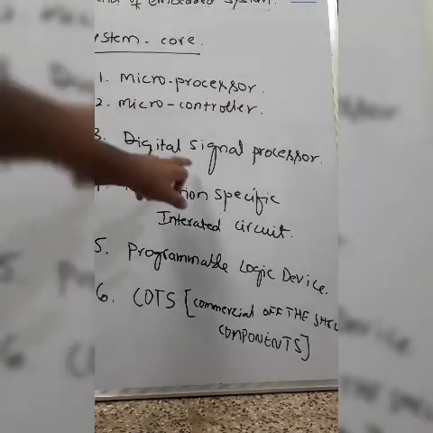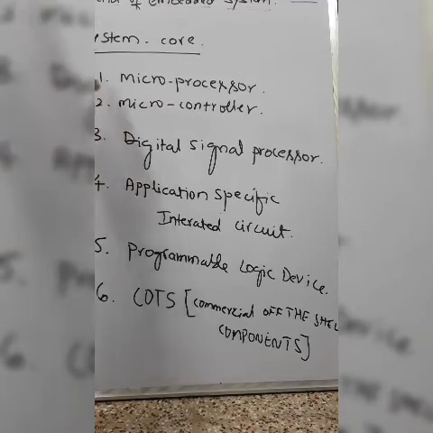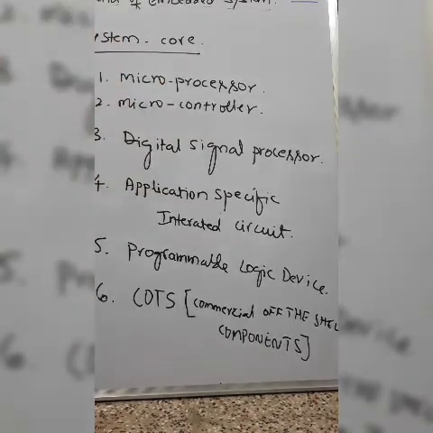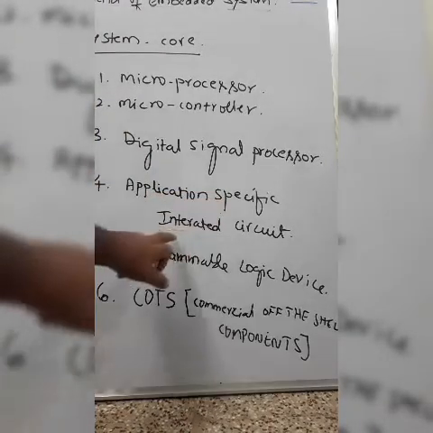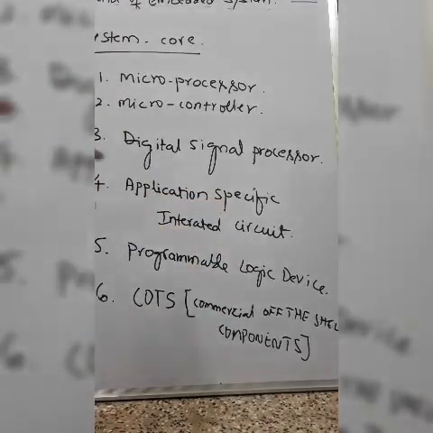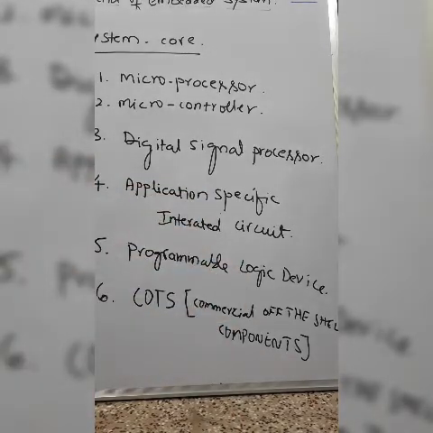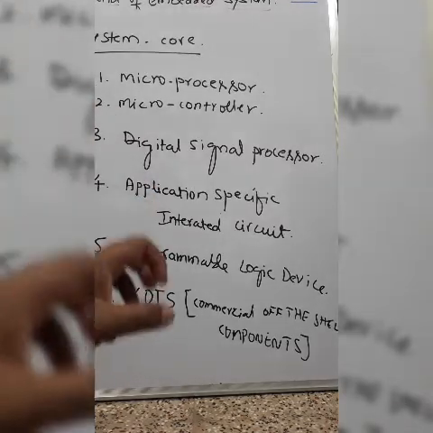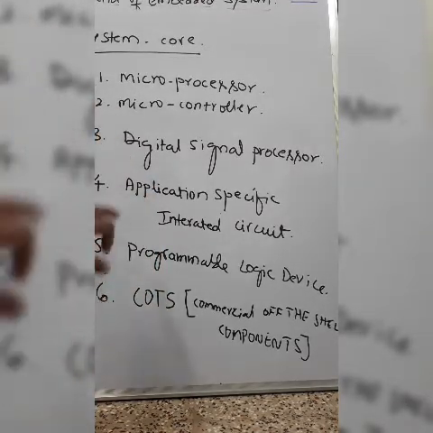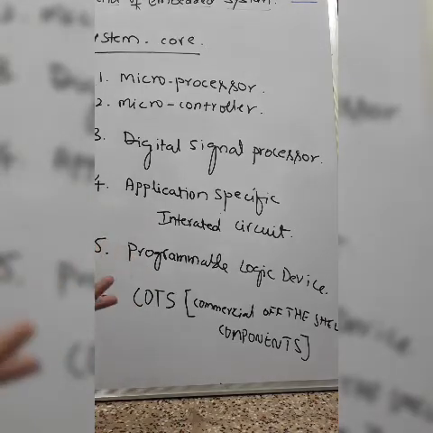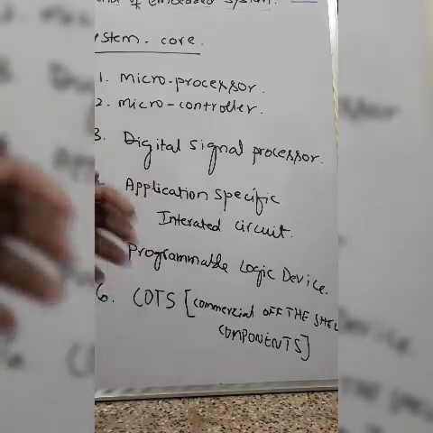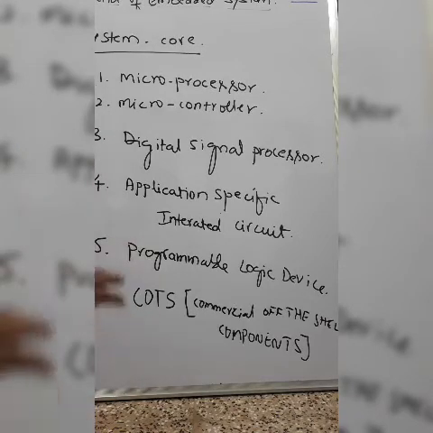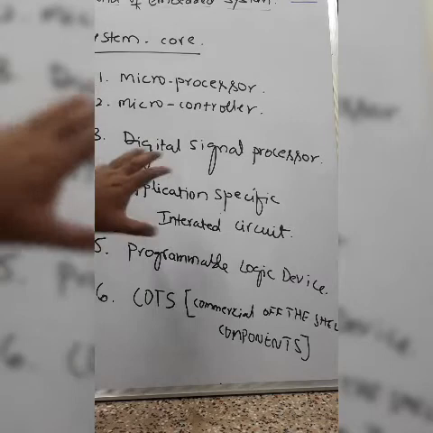So you can use digital signal processor or DSP as a core in such embedded system where digital signal is handled. Then application specific integrated circuit, otherwise ASIC, is a system core which is designed for the requirement for a specific purpose, which can be called as a customized system core. That means it will only meet the narrow, specific, definite use of an embedded system.